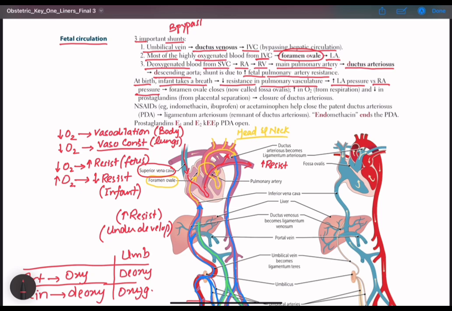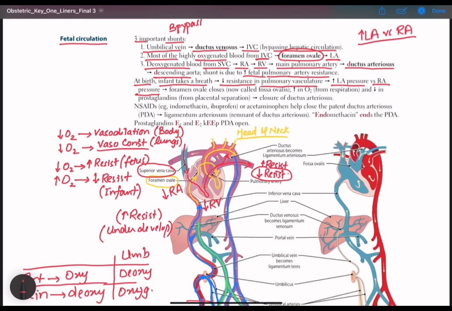When the pressure decreases in lungs, this pressure is transferred down structures. So eventually this low resistance is transferred into right ventricle, which decreases its pressure, and eventually the pressure within right atrium also decreases, or in other words, the pressure within left atrium in comparison to right atrial pressure increases.